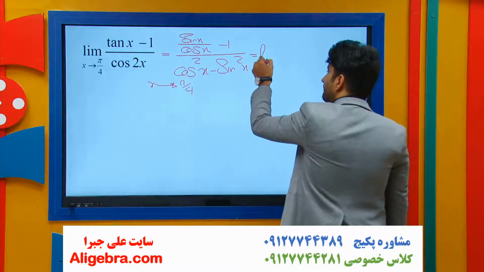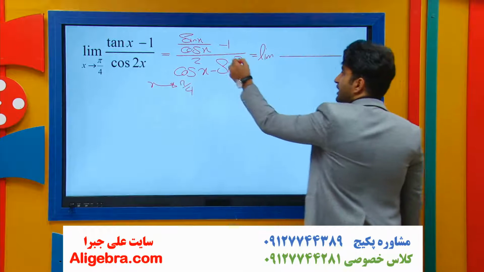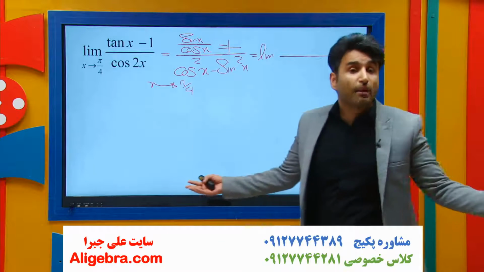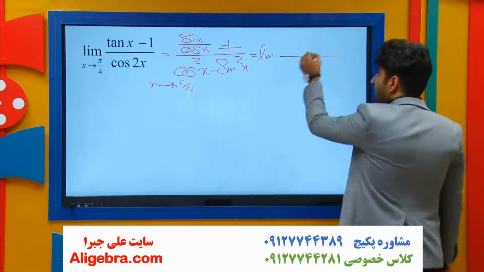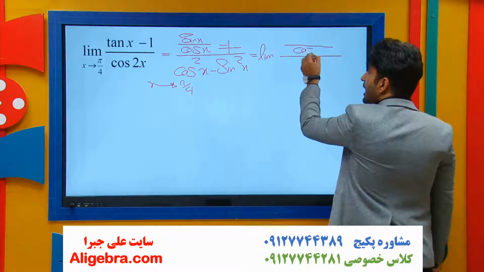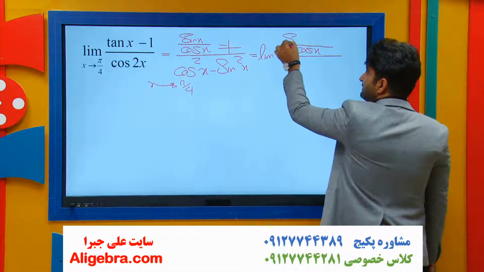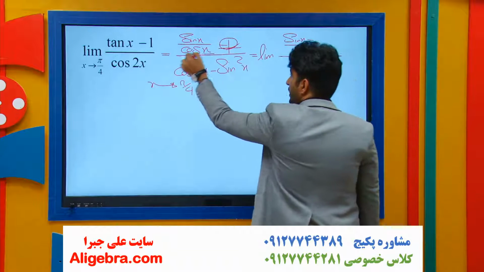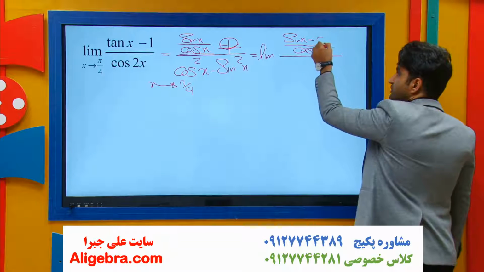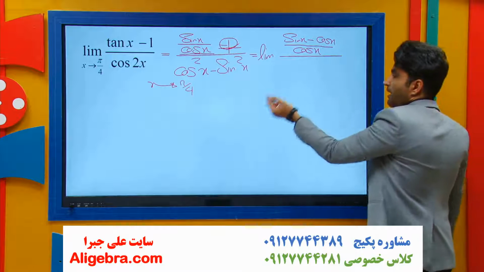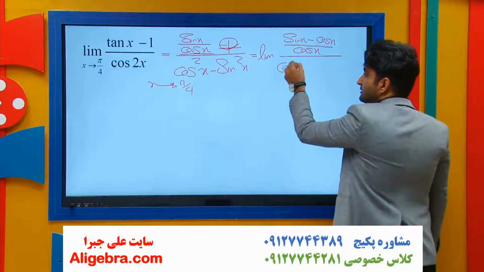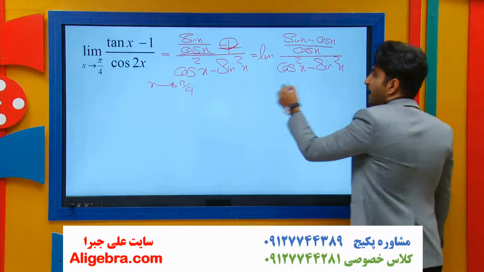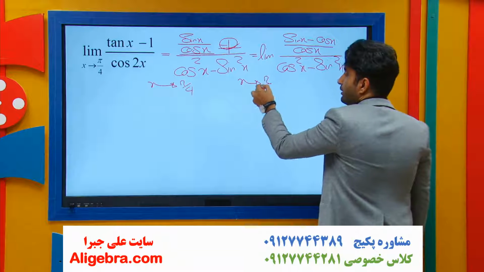So I have the limit; on top, the denominator of 1 is 1, so I can take the common denominator. The common denominator is cosine x. So I have sine x minus 1 must be multiplied by cosine x, which gives me cosine x. And on the bottom, cosine squared x minus sine squared x, as x approaches pi over 4.